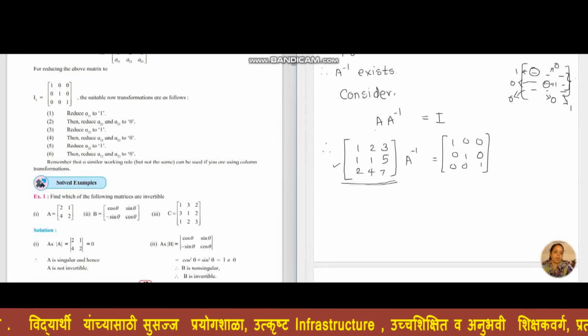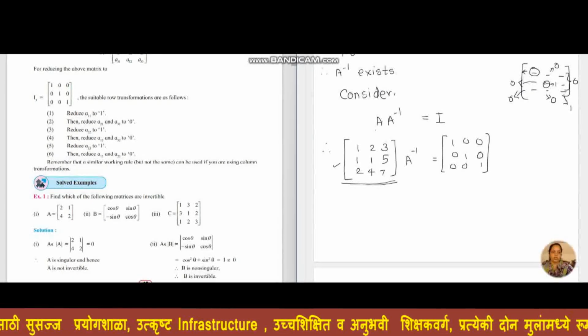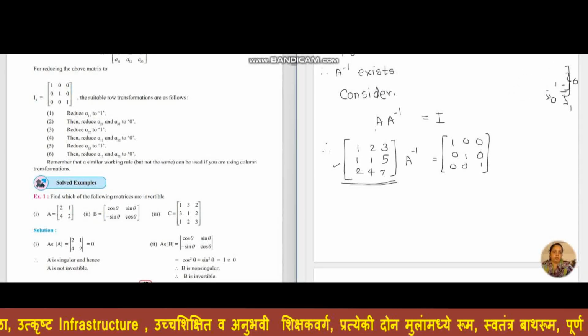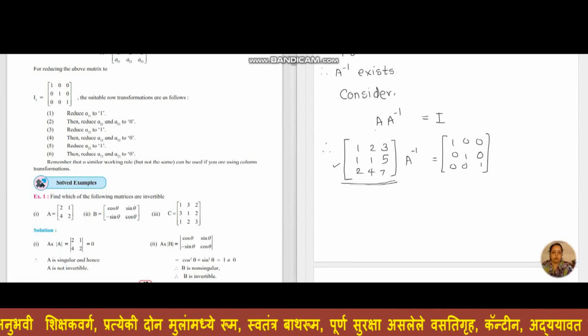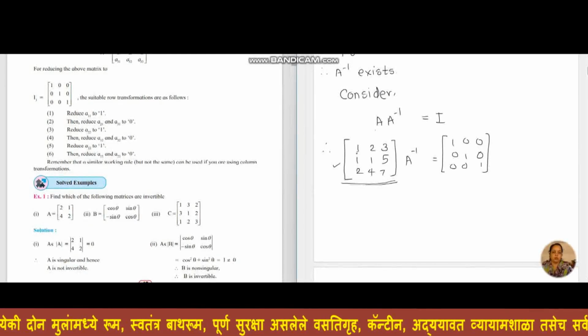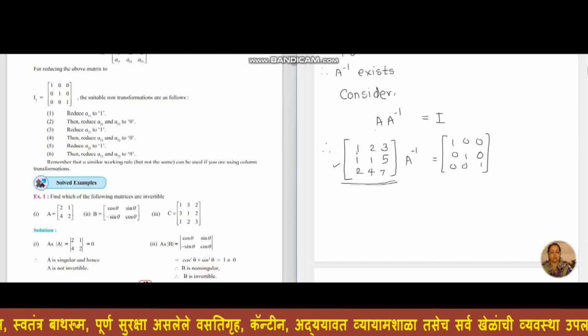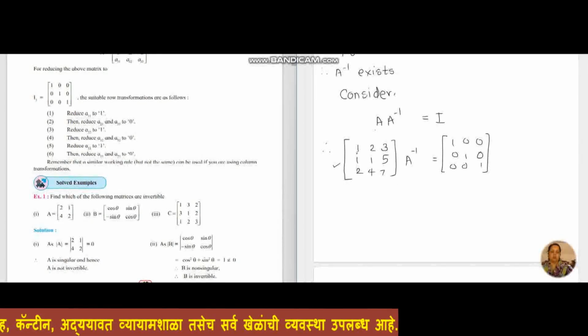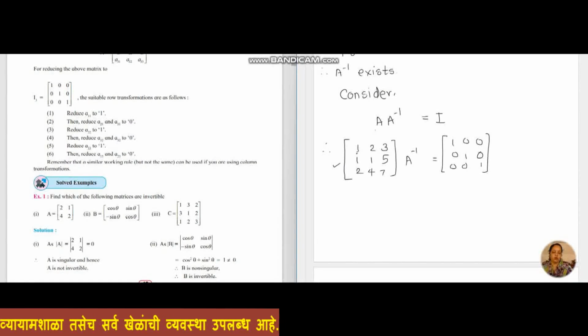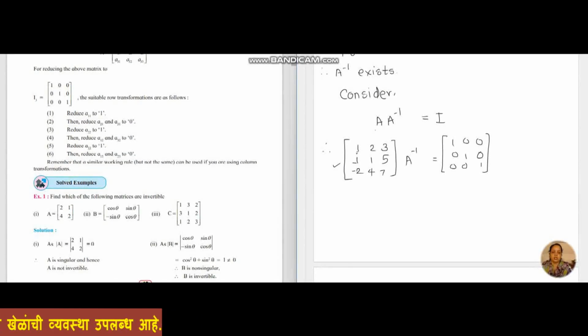So we apply this procedure. Here if you observe, the first row first column element is already 1, so no need to convert it. Now we will try to make these two elements 0.